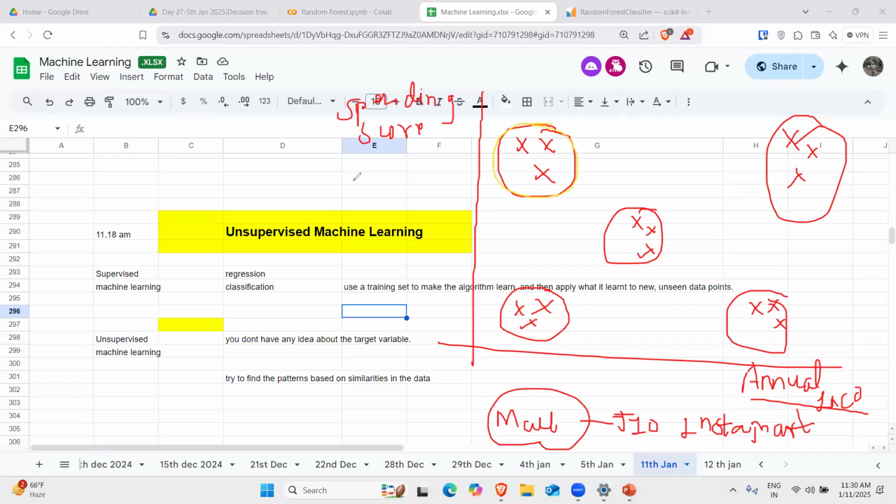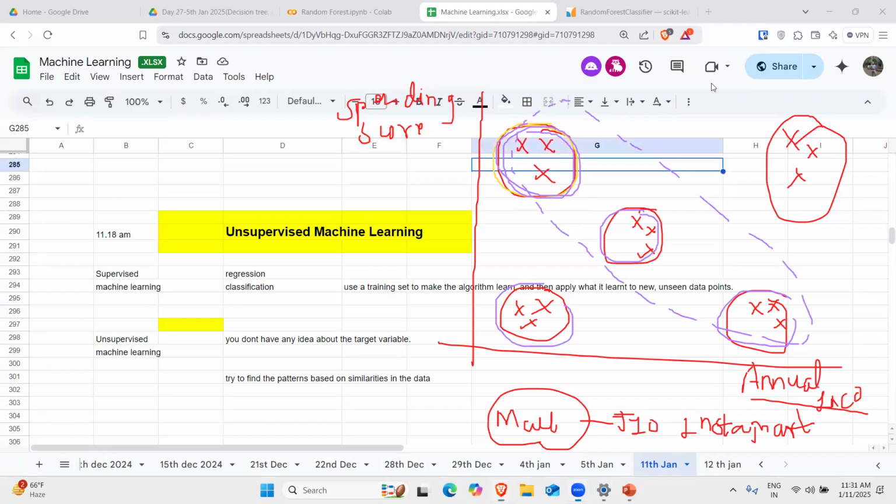The data points which have high similarity will be part of a single group, a single cluster, right? Can you make a cluster like this, let's say this and this data point? No. Why? Because these are not similar data points. Similarly, you cannot create a cluster.